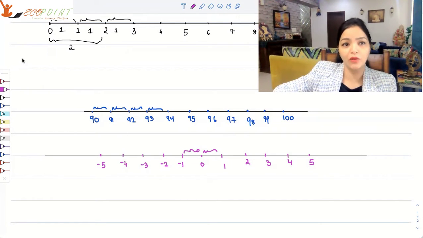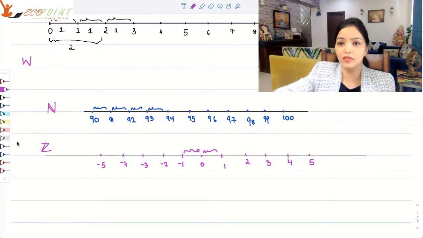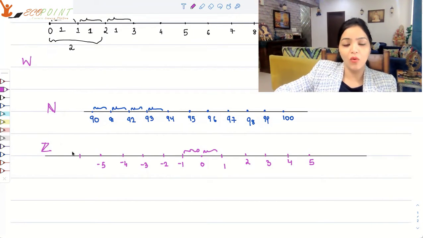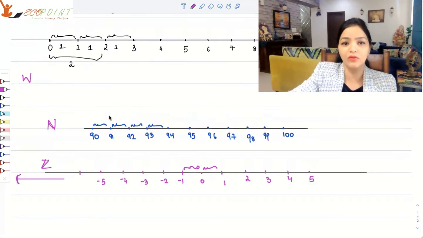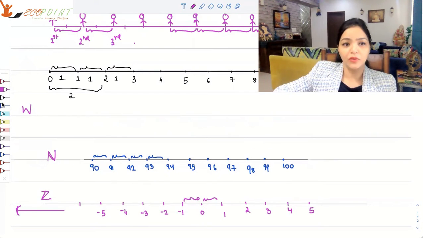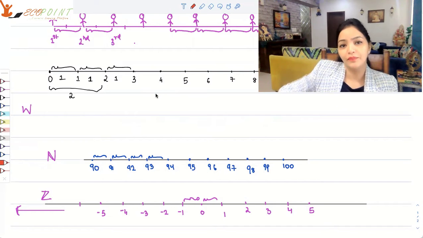So we've spoken about whole numbers being displayed, and natural numbers being displayed. Now we are talking about Z, that is the set of integers. You can display them; all the integers go on and on. Whether it is whole numbers, natural numbers, or integers, what you should realize here is that towards the right, the numbers are increasing.